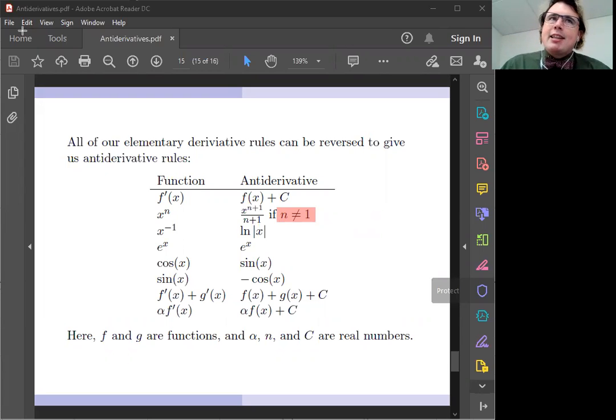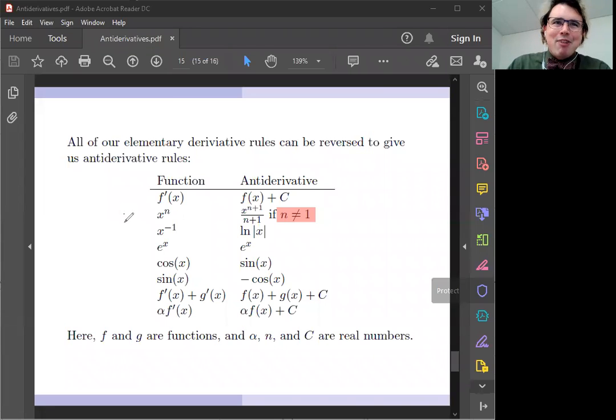What if I want to take the antiderivative of x to the power -1? I might want that sometimes. In fact, I want that a lot of times in my life. What function has x to the power -1 as its derivative? Oh, I think I know this one.